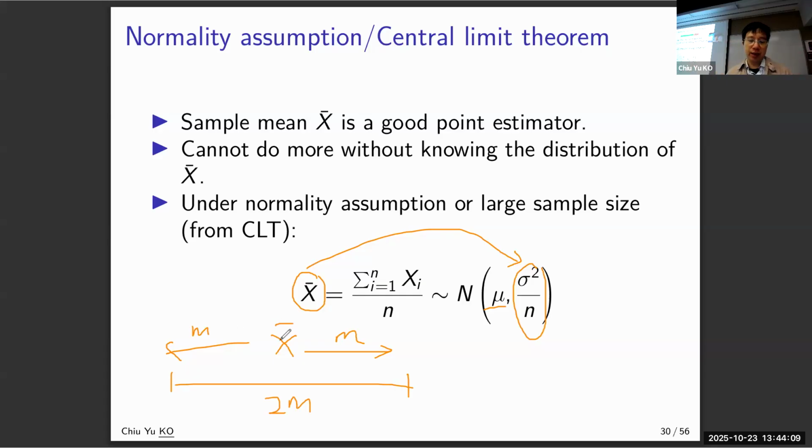So we want X bar to extend left and right by the same amount because it's a bell curve, so it's okay to extend symmetrically. Okay, symmetrically on both sides. We want this interval with width 2m. Okay, I can catch mu with large probability. And do note that mu is unknown. There's no probability you can say about mu.